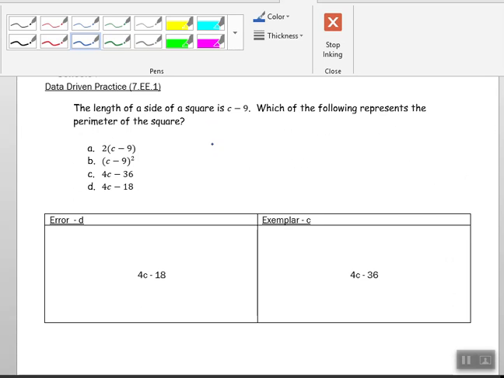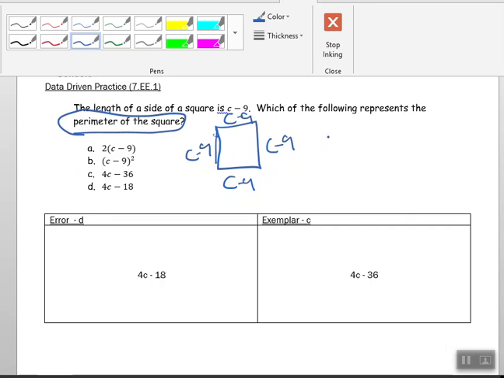Okay, so when we have a square, we know that all 4 lengths are the same. So c minus 9, c minus 9, c minus 9, c minus 9. We're looking for the perimeter of the square.